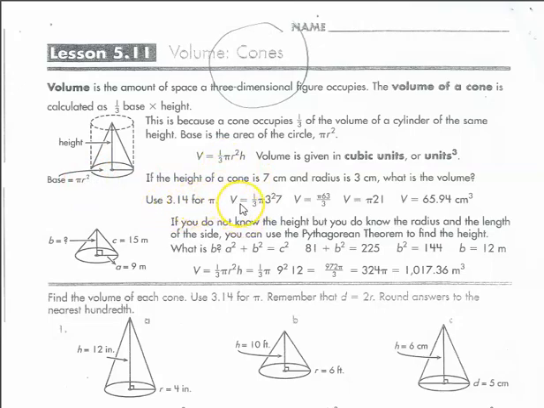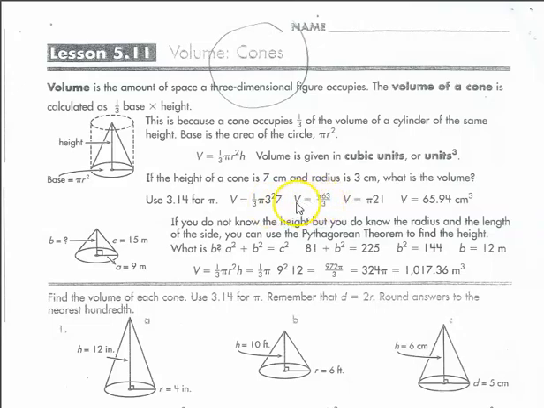Now when we plug these numbers in, we get volume V is equal to 1/3 times pi times r squared. We know that the radius is 3, so 3 squared, times height, and we know that height is 7. 3 squared is 9, 3 times 3 is 9, 9 times 7 is 63.